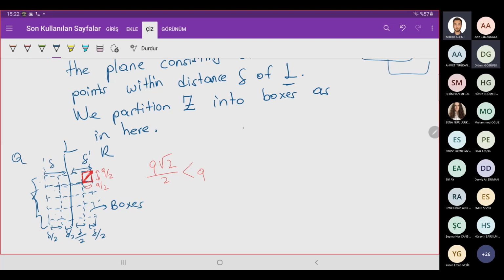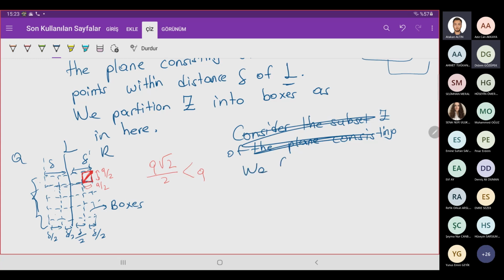Consider the subset Z of the plane consisting of... We already wrote this, sorry.